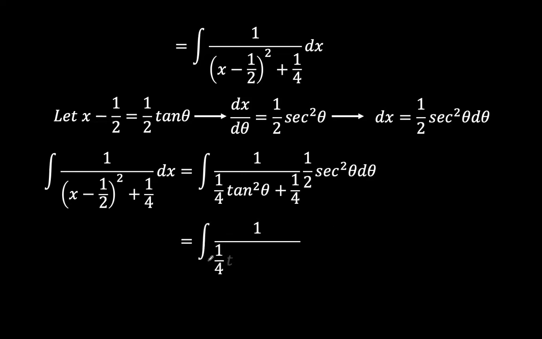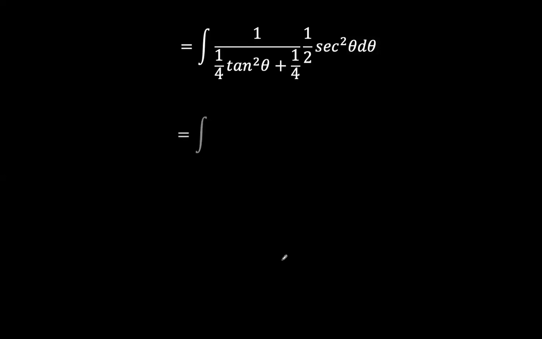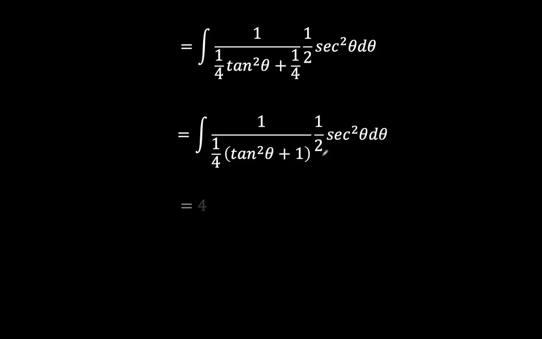And we're pulling a quarter out and proceeding appropriately. This becomes 4 because the reciprocal of a quarter is 4. And so we have tan squared theta plus 1 times a half sec squared theta.